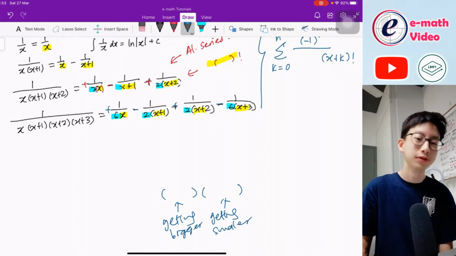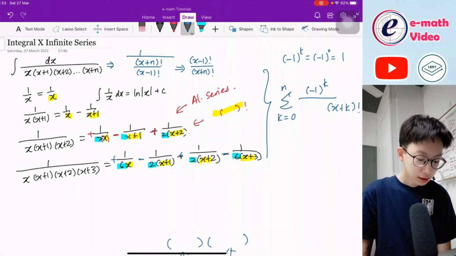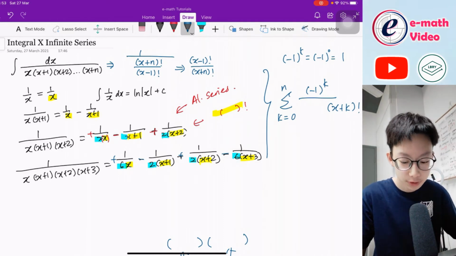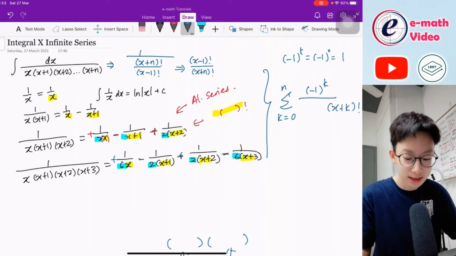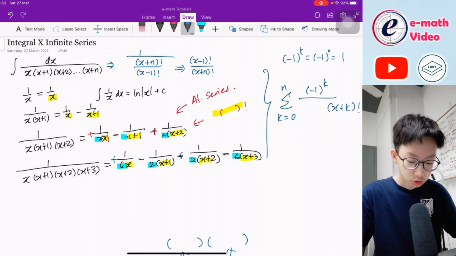But I don't know how true that is. And another thing we have to take note of is, we need to express this constant in terms of k and n, right? We can't write it in terms of x because it is a constant. We can't let it be a variable.